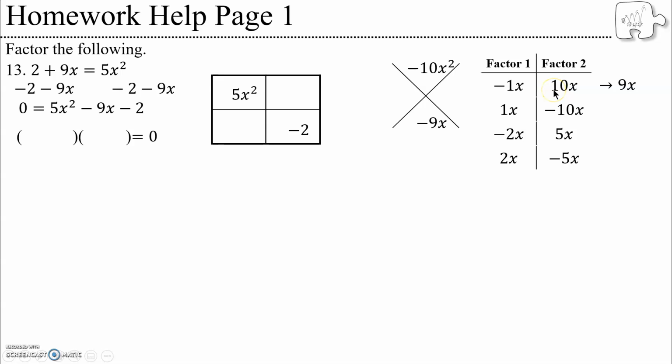Here, 10 is biggest and it's positive, so we get positive 9x. But here, the biggest addend is negative 10, so it'll be negative 9x, which is what we wanted. We could fill in 1x and negative 10x, and 1x and negative 10x.